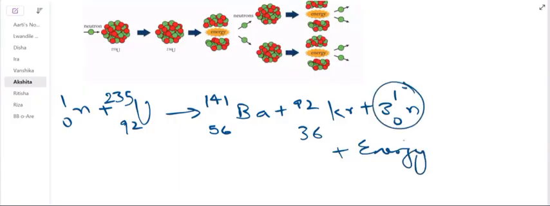Now these three neutrons will collide with more uranium atoms, and this is how the chain reaction is carried out. Understood? Yes, ma'am. Okay.